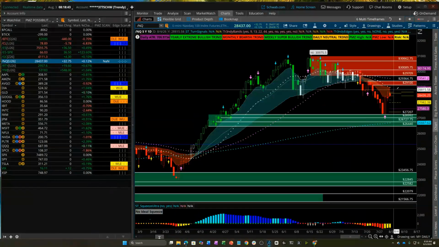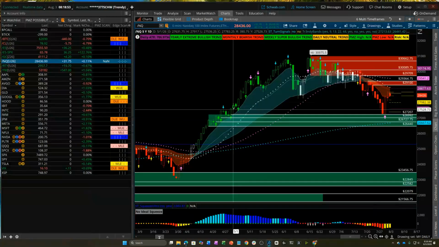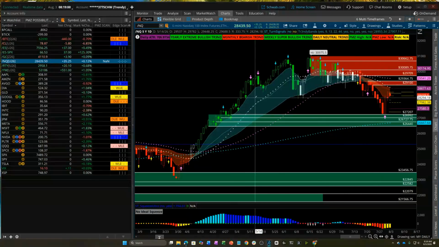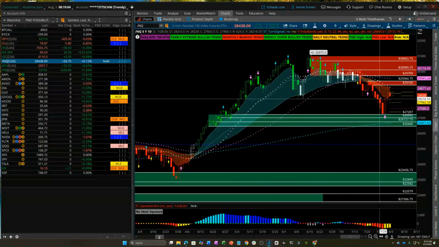On a daily time frame, you can see it was a beautiful bounce from this daily demand zone. Now, I mentioned I had to remove some demand zones, and that is because I had a demand zone here that you closed below. There was a demand zone here that was tested multiple times, and you also closed below that.